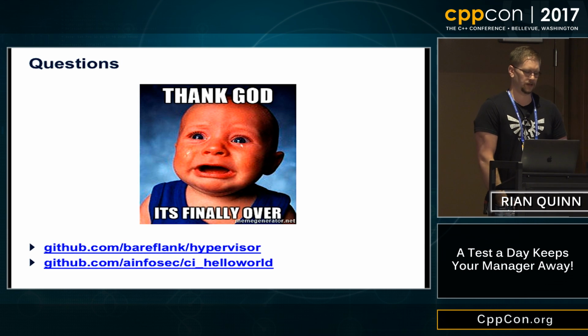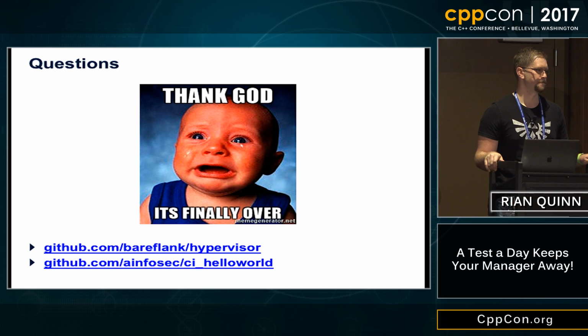And on that note, are there any questions? Hi, thank you. This is a great presentation. Thank you. I was noticing in the Travis CI, you end up running CMake and make just to accomplish each of the individual steps.